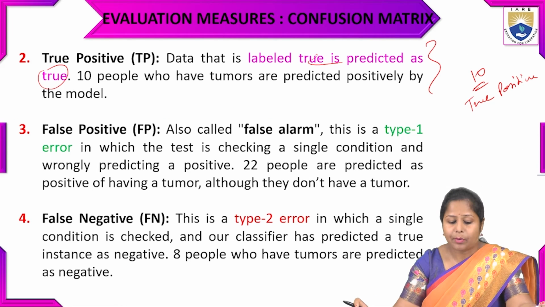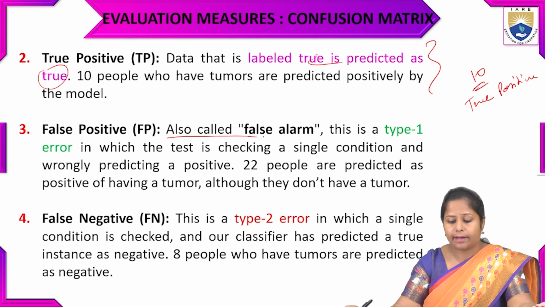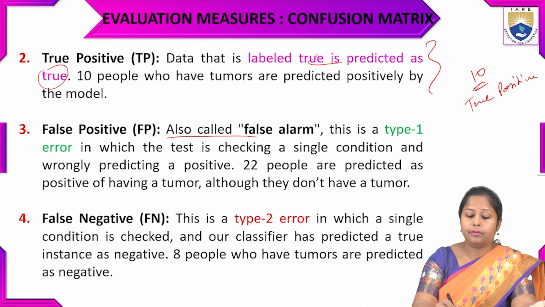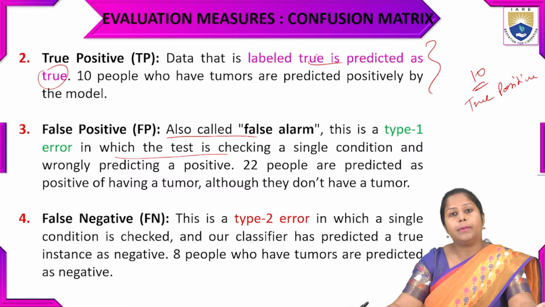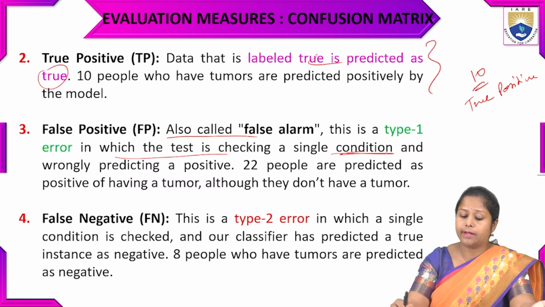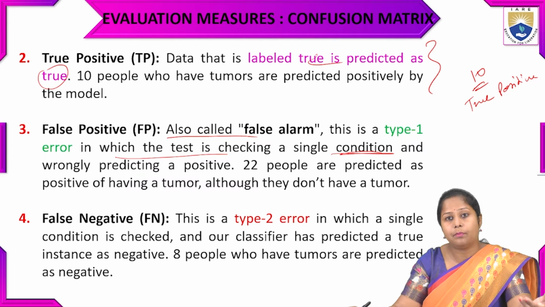Now, false positive. Sometimes it is also called a false alarm. It is the type 1 error, where the test checks a single condition and wrongly predicts positive. On the basis of that, it says positive: false positive.